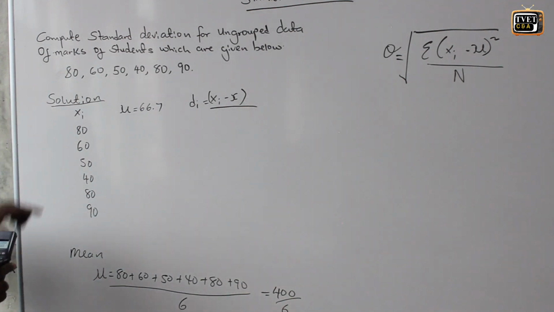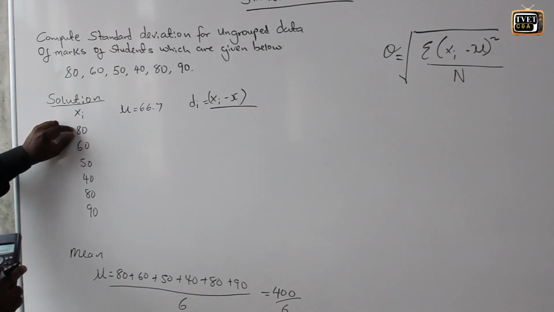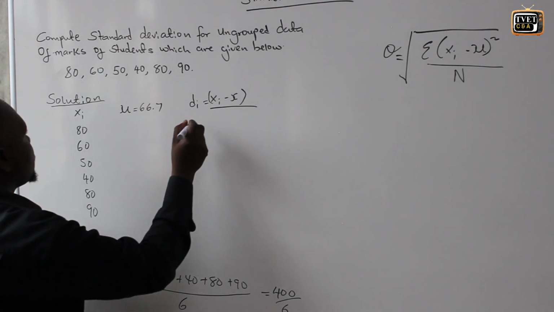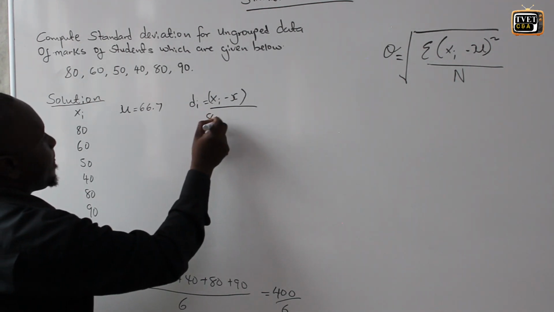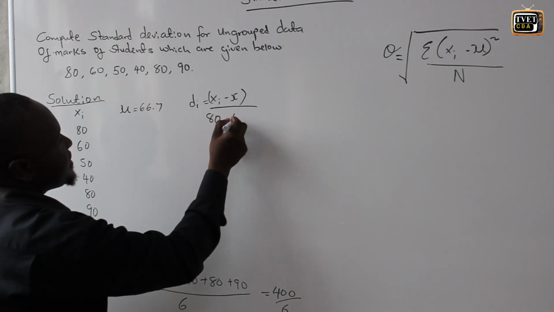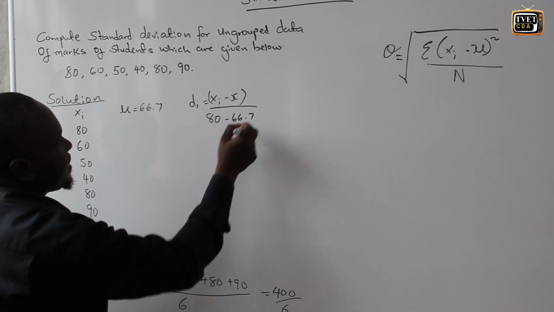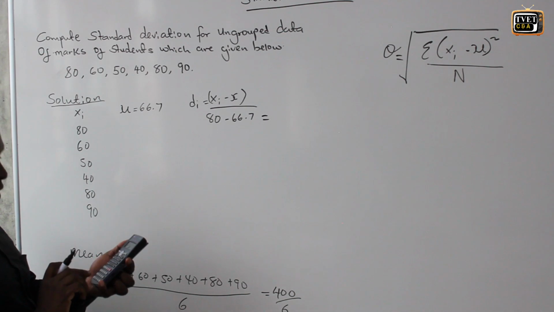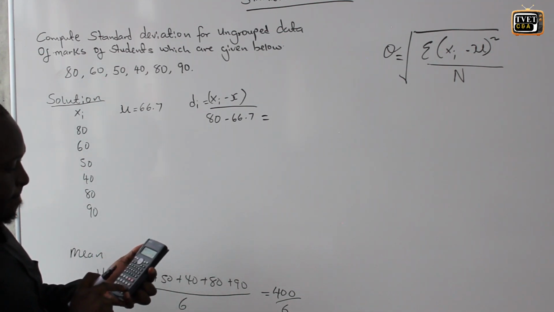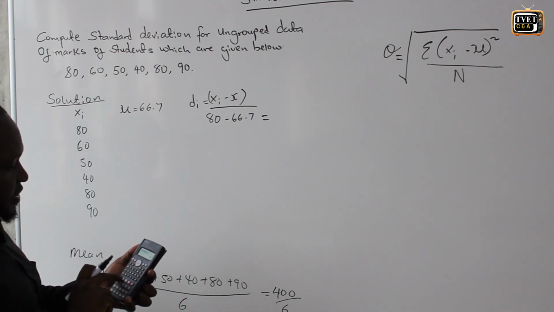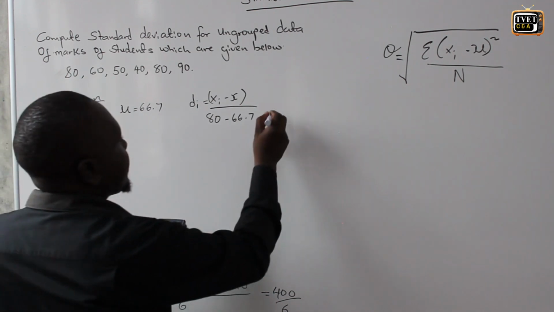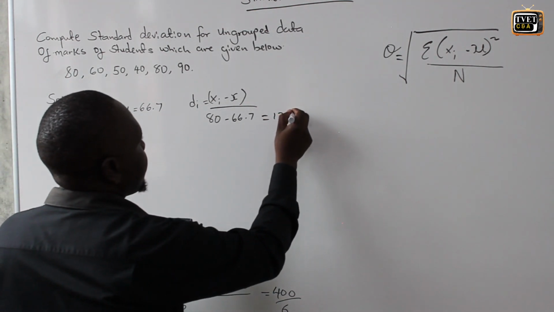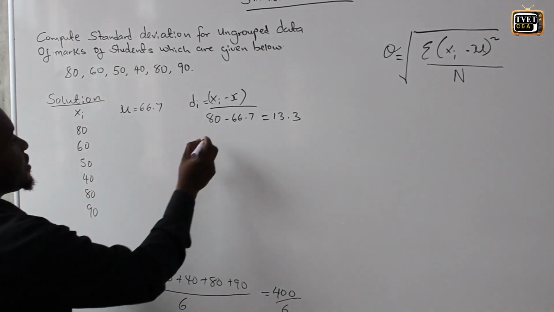We start with 80 minus 66.7. What is your answer there? You'll get 13.3.